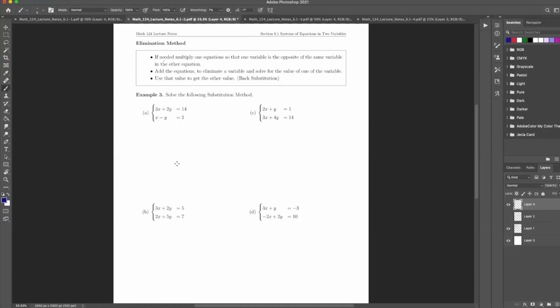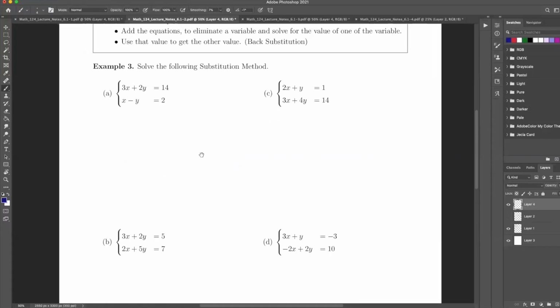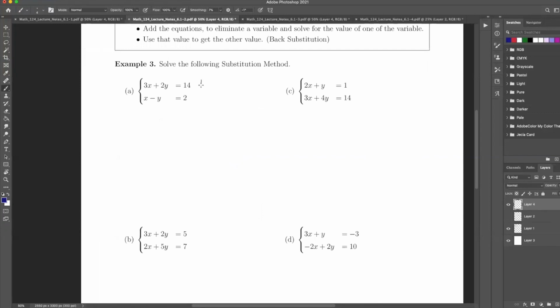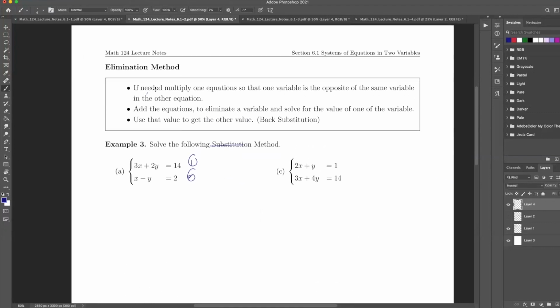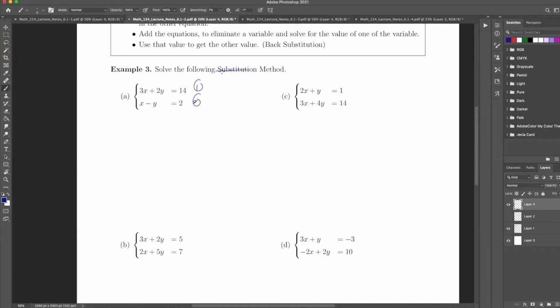So let's just go through it. All right, so here we have 1, here we have 2. Not substitution method, this should say elimination method. Solve it using elimination method. Okay. All right, so in this case, I'm going to leave equation 1 alone.